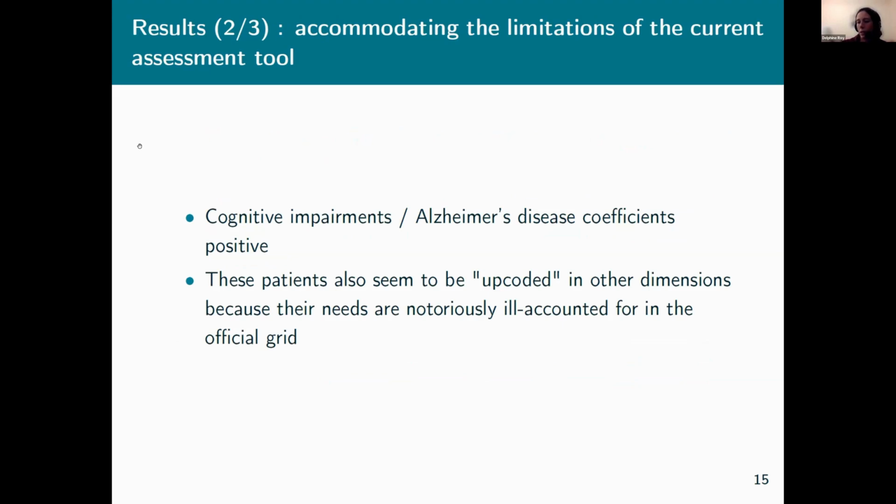And this is very interesting because it's a point that is often made by people who criticize the official needs assessment grid, which is notoriously not good at measuring the needs coming from cognitive impairments or Alzheimer's disease. So it seems like these patients are more upcoded on other dimensions because these limitations are not well taken into account by the grid. At least it's the hypothesis I make.